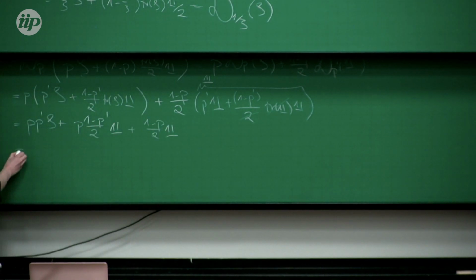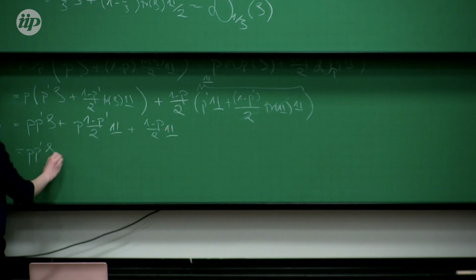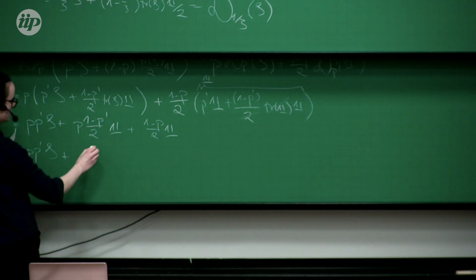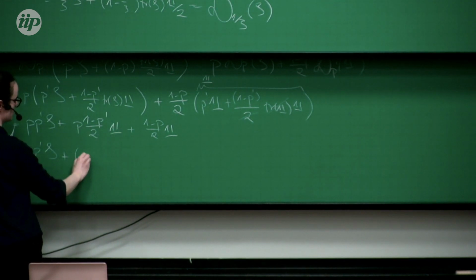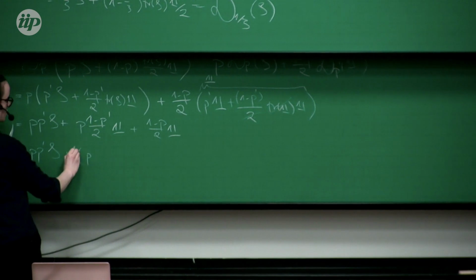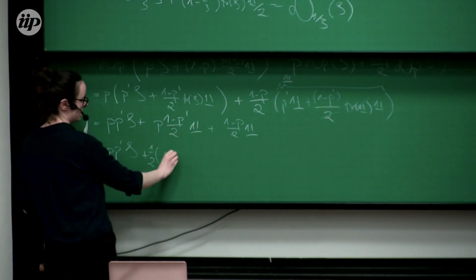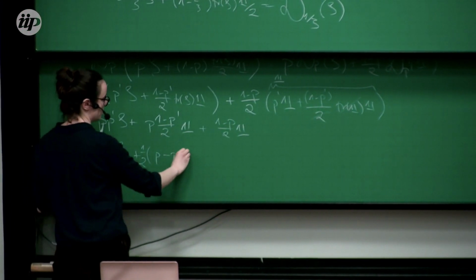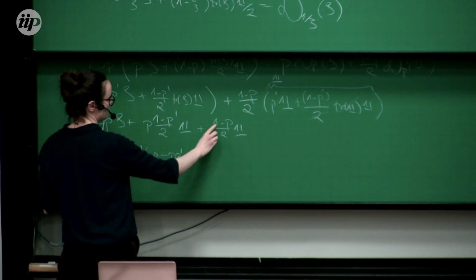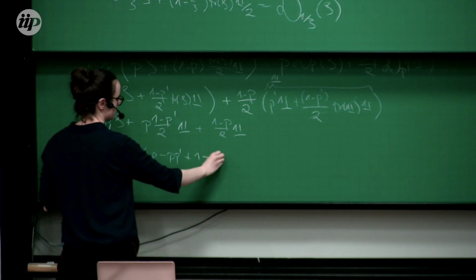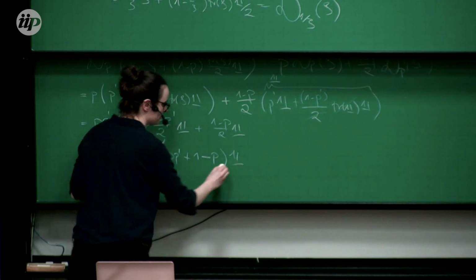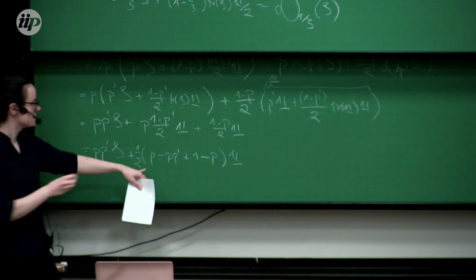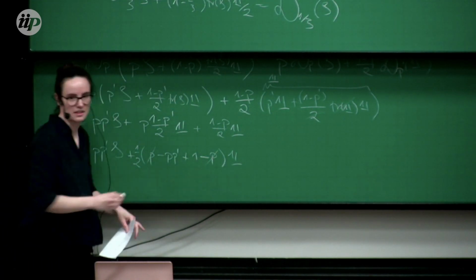So we have p p prime rho plus, and now I want to write that together. So we have (1 minus p) over 2 times p prime plus (1 minus p prime) over 2, identity. And here we can see that the p just cancels.